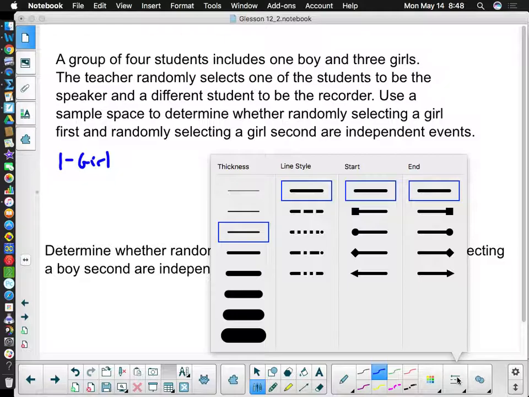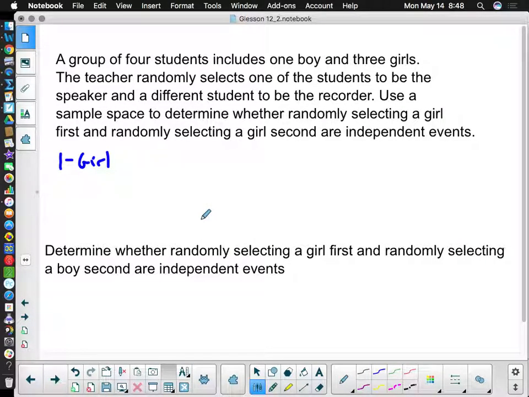If I select a girl first, then we have 2 girls left and 1 boy. So the chance of selecting a girl second becomes 2/3, and the boy second becomes 1/3. Just simple probability: 2 out of 3 left are girls, 1 out of 3 left are boys.